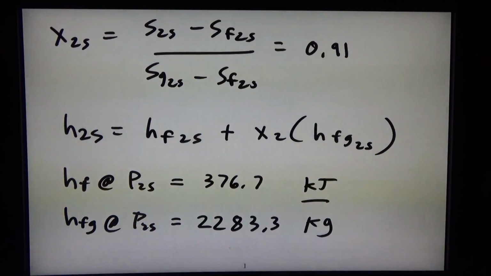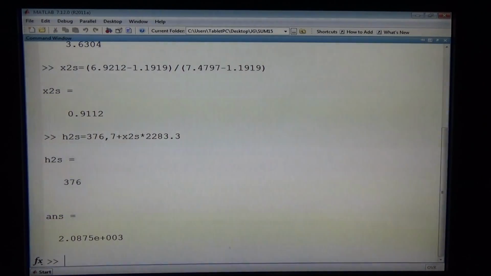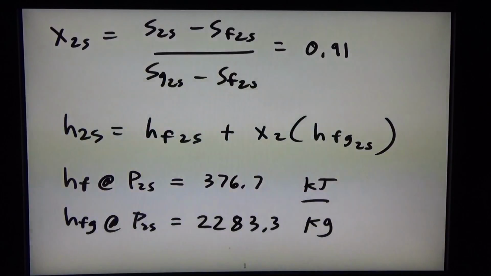So we get H2S from the calculator. It's going to be equal to HF, 376.7, plus X2S times HFG, 2283.3. So H2S we get 2087.5.